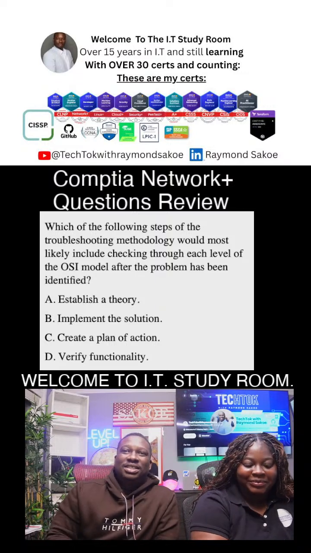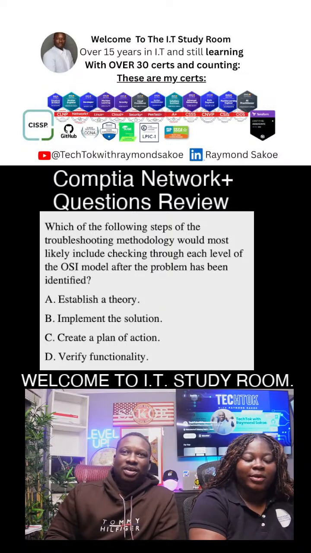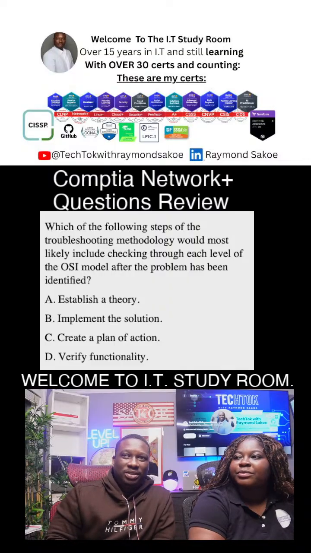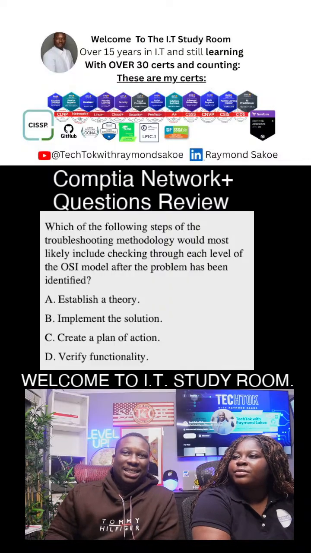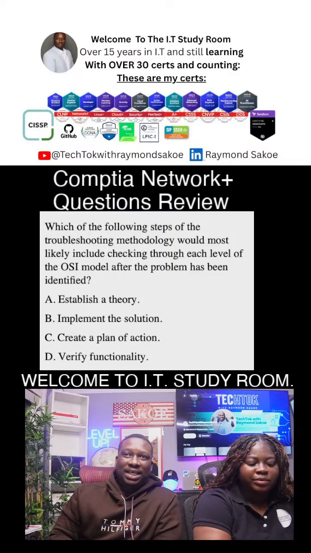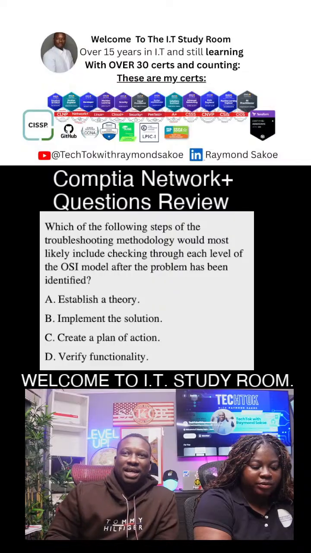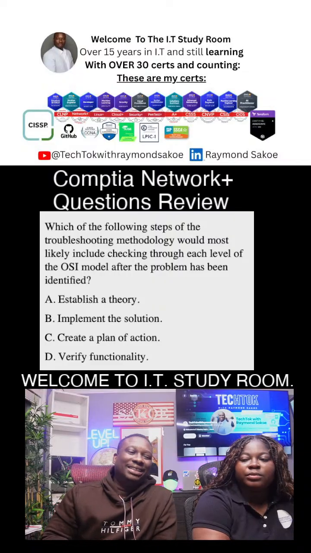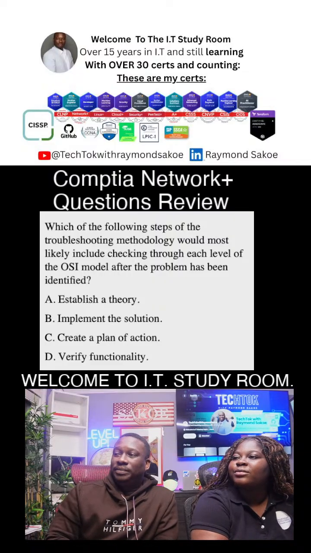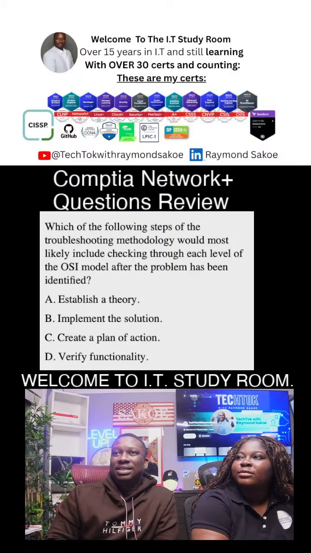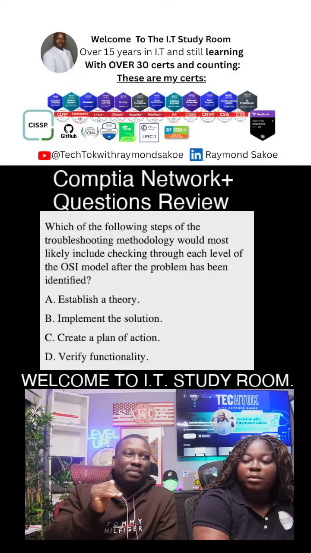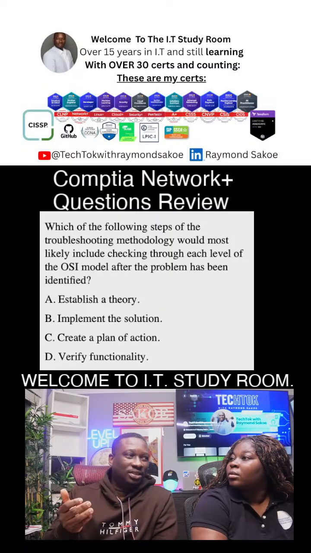So it says, which of the following steps of the troubleshooting methodology would most likely include checking through each level of the OSI model after the problem has been identified, right? Okay. So now, CompTIA has a 6-step troubleshooting methodology, right?